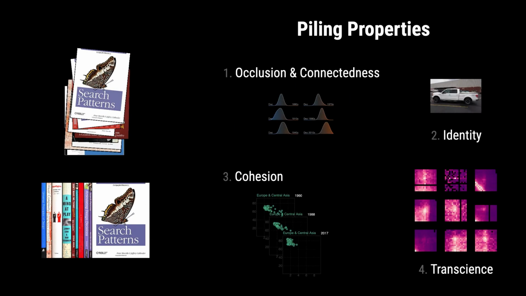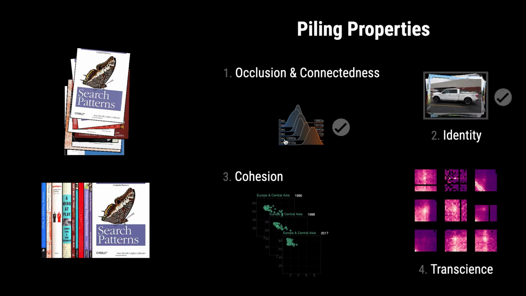Now, to distinguish piling from other forms of spatially arranging small multiples, piles should adhere to the following 4 properties. First of all, as we've seen before, items that comprise a pile should occlude each other partially to form a single, mutually connected unit. Second, a pile must differentiate itself visually from a single item.